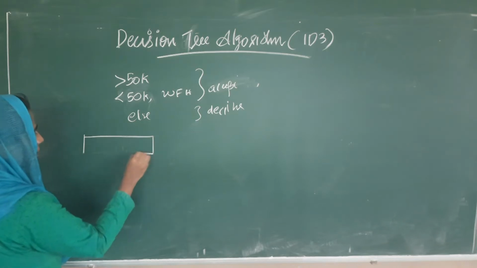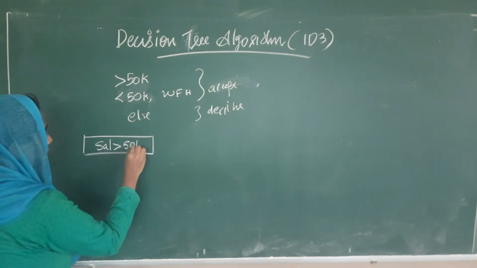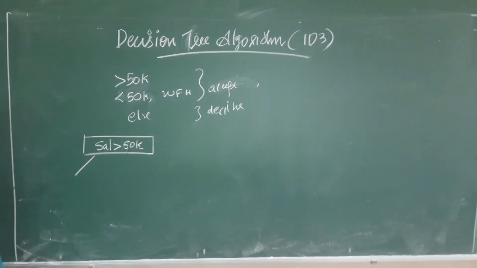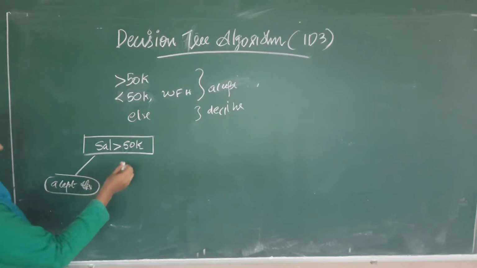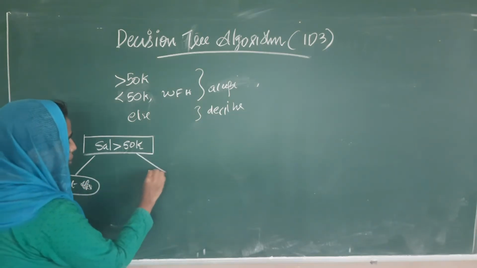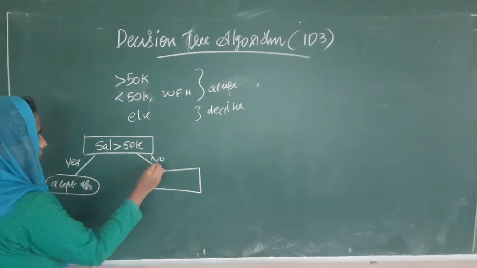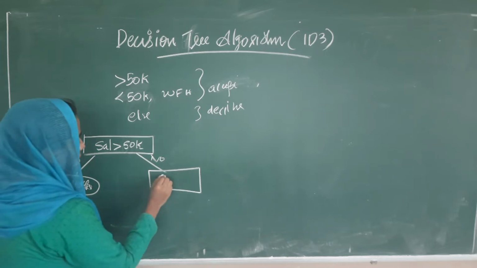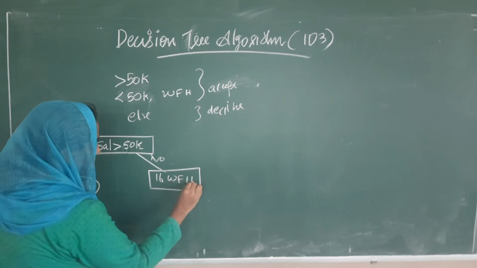For example, a person could take as the first question whether salary is greater than 50,000. If the salary is greater than 50,000, the person is accepting the offer without any more questions. Okay, accept the offer. So, this is the case of yes. And if the salary is less than 50,000, he needs to know if the work from home facility is available.